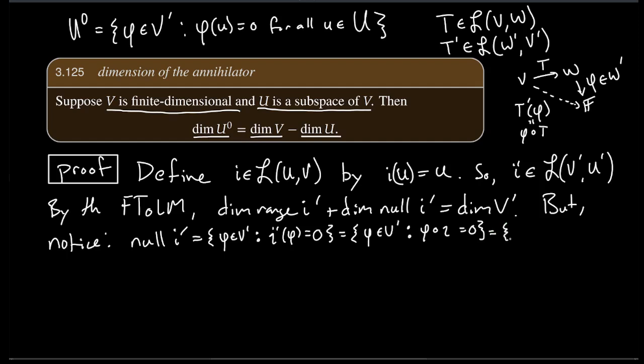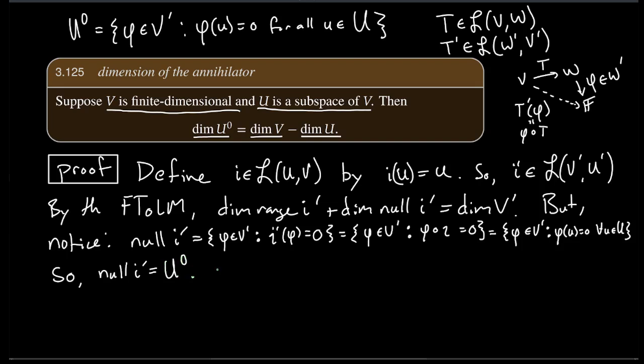This just says that this is the set of φ in V' such that φ(u) equals 0 for all u in U. Oh, so the null space of the inclusion map's dual is the annihilator of U.